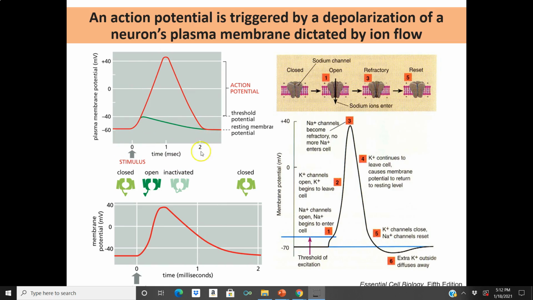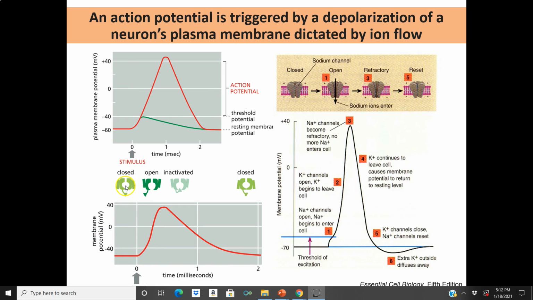So over the course of 2 milliseconds, the stimulus activates this, sends this signal, causes the membrane depolarization, and then goes back to its resting state. If you look at the bottom graph, it shows you when these sodium channels are open or closed at any given time.